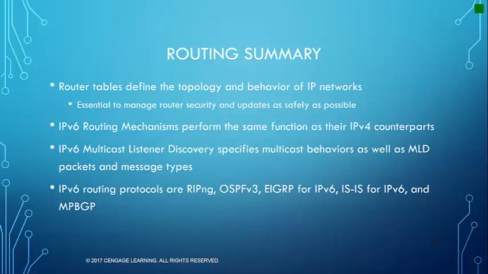The IP version 6 routing protocols are RIP, OSPF version 3, the IGRP for IP version 6, along with the multi-protocol BGP, and the EIGRP. With that, the implications have changed a little for version 6.